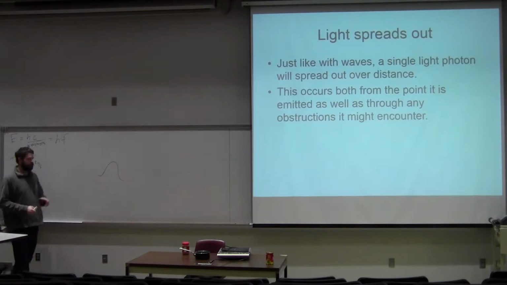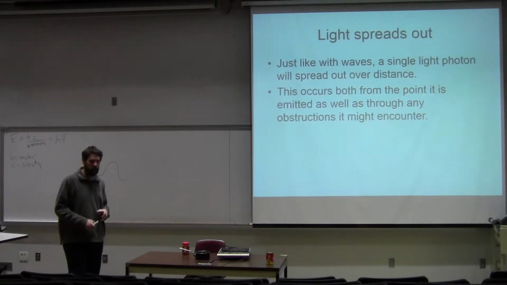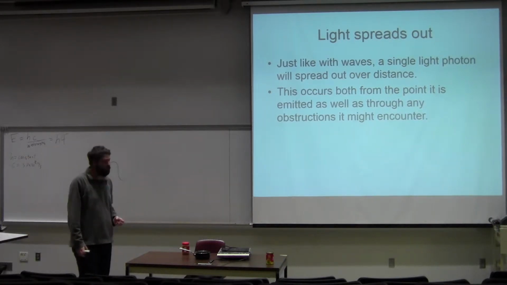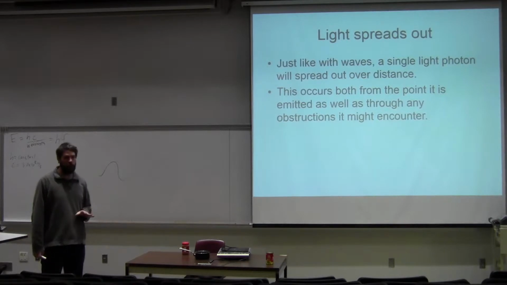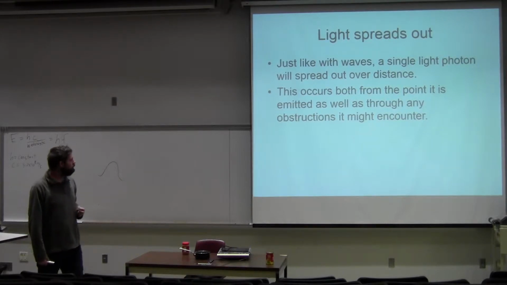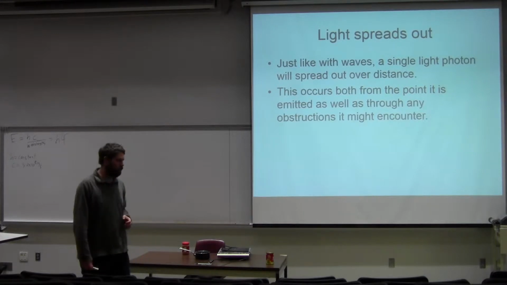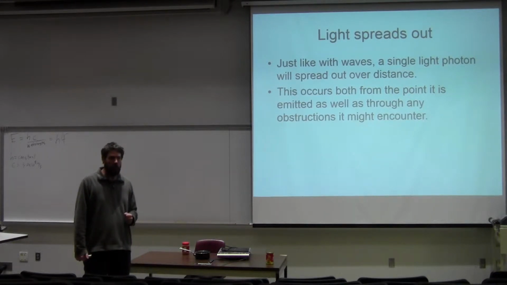Now, light spreads out. If an object is emitting light, even if it emits only one photon, that light spreads out as the distance squared. So the amount of energy you collect depends upon your distance from the object squared. And it doesn't matter what obstructions you might encounter, it will take the easiest path to you as if the light knew what the easiest path was. It has to do with quantum mechanics.